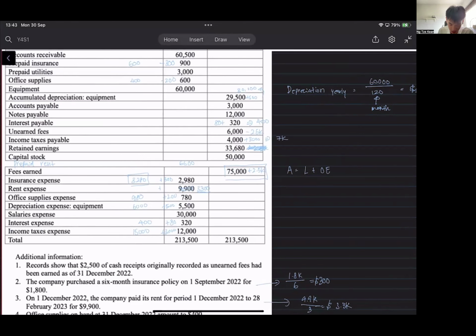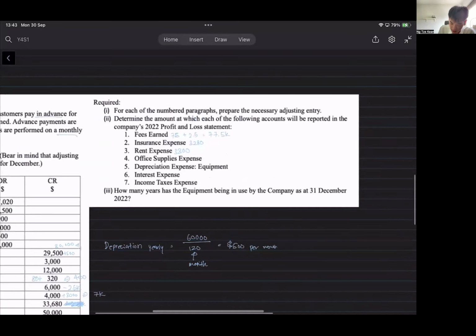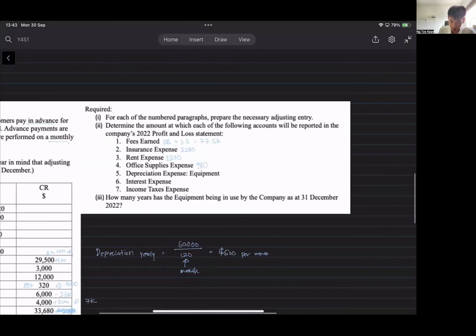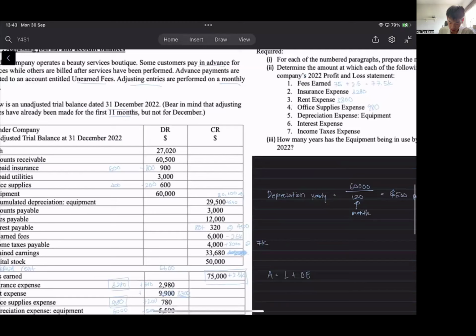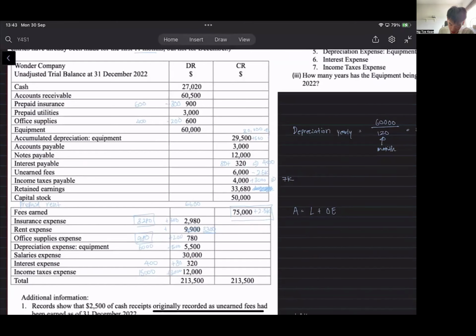And the office expense would be down here, 980. So 980. Depreciation expense, so the depreciation expense for the year would be here, 6,000.